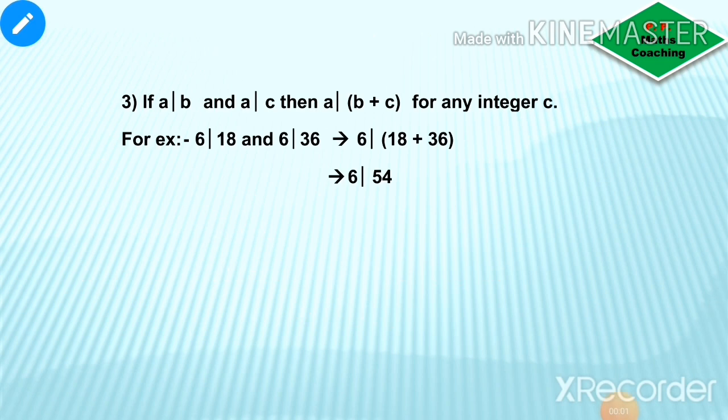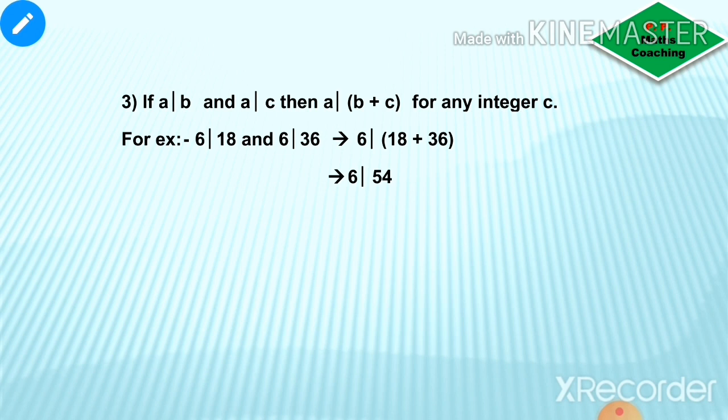If a divides b and a divides c, then a divides b plus c for any integers b, c. Here we take three integer values a, b, c. The first integer a divides b, the first integer a also divides c, then a divides the addition of the two integers b plus c. For this we solve one example.